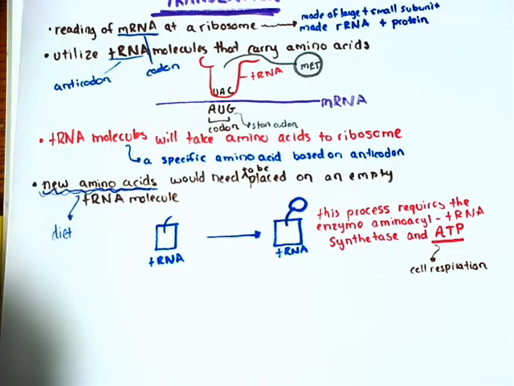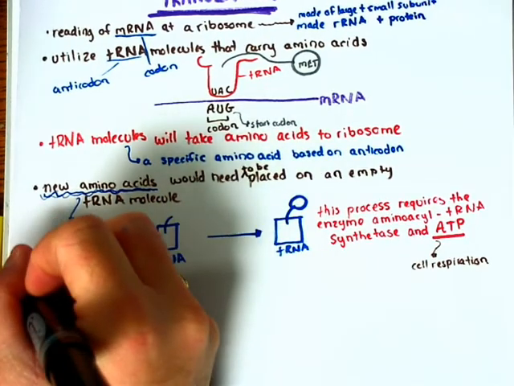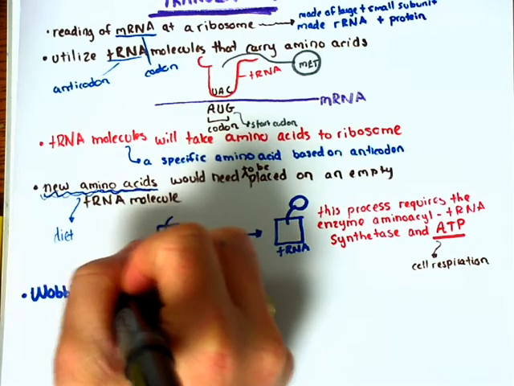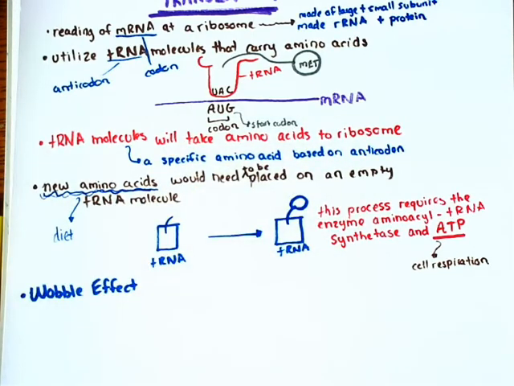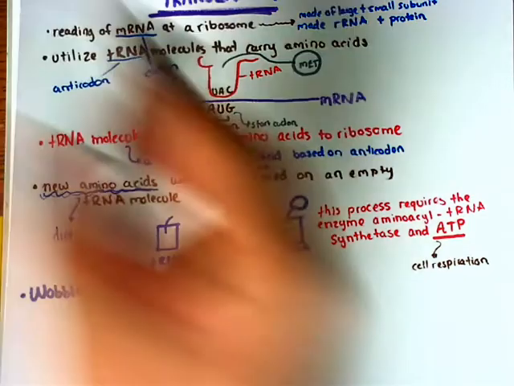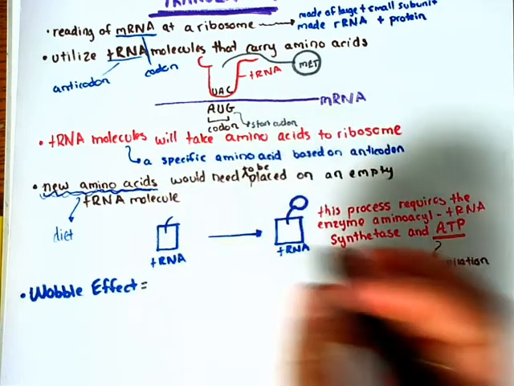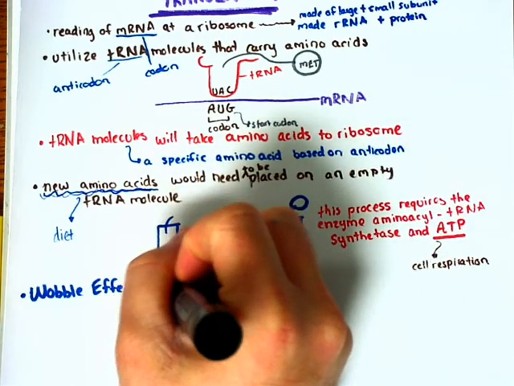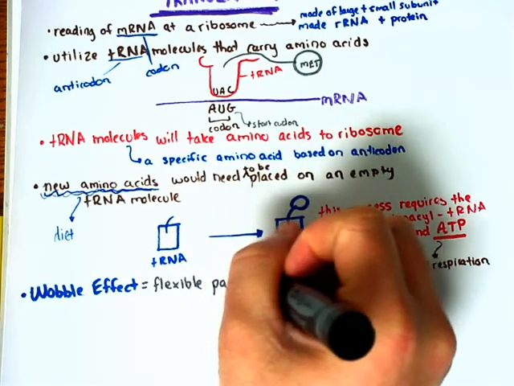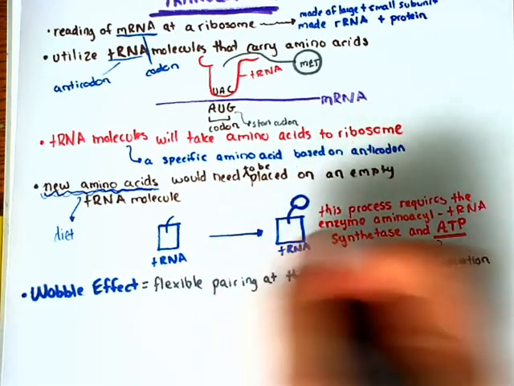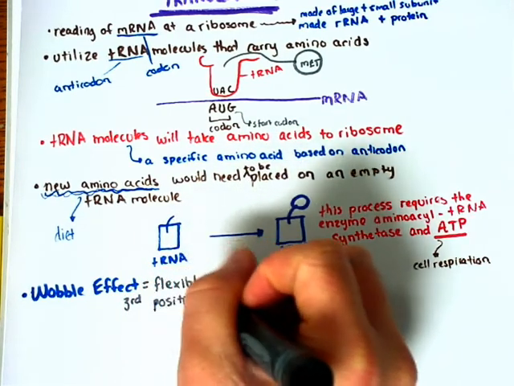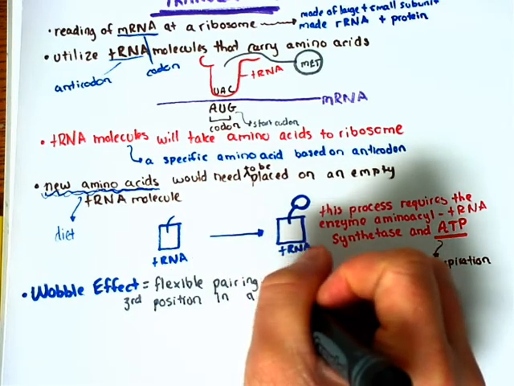The other day we mentioned, and this is to kind of change gears a little bit, something called the wobble effect. This was an effect, an occurrence where there was a flexible pairing at the third position of a codon.